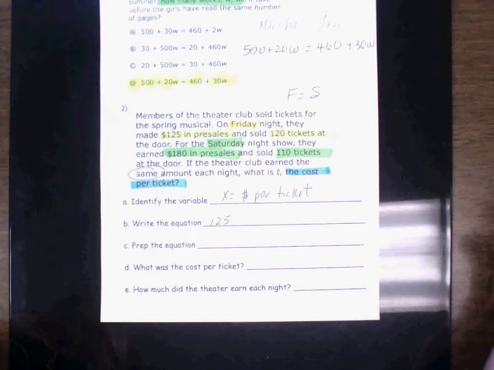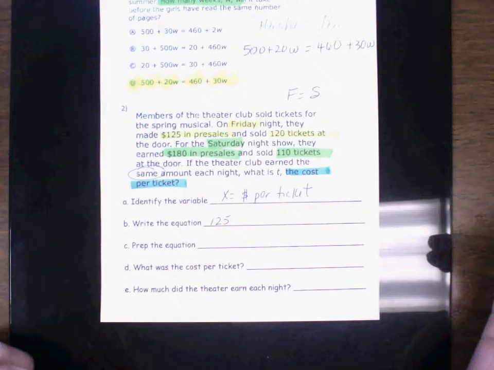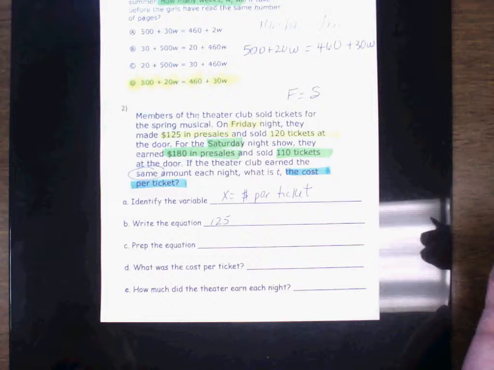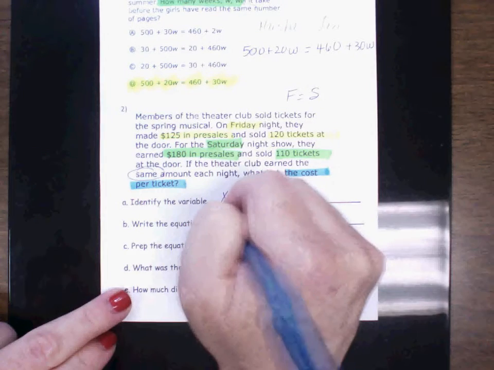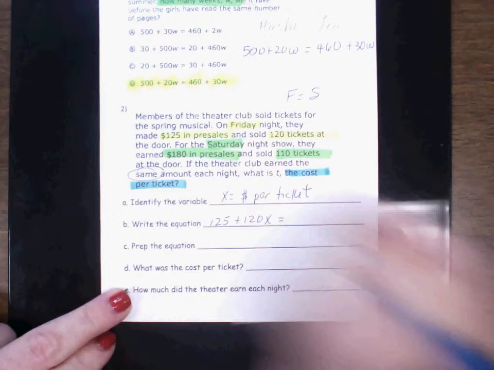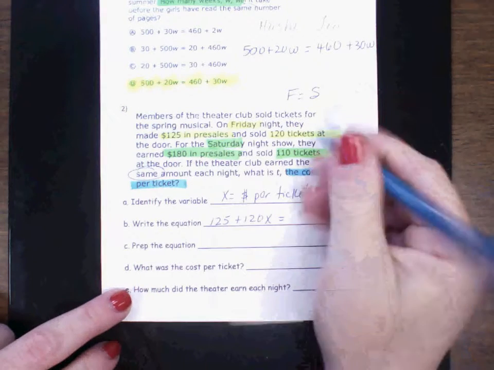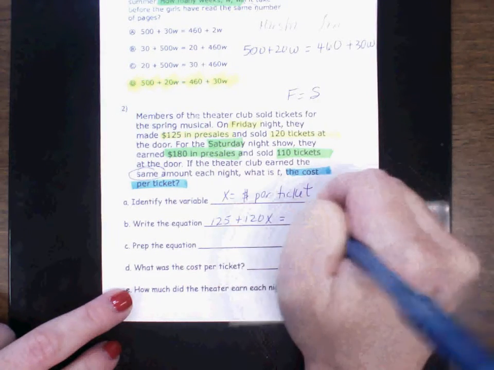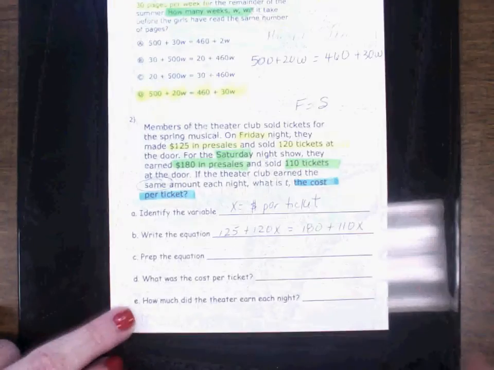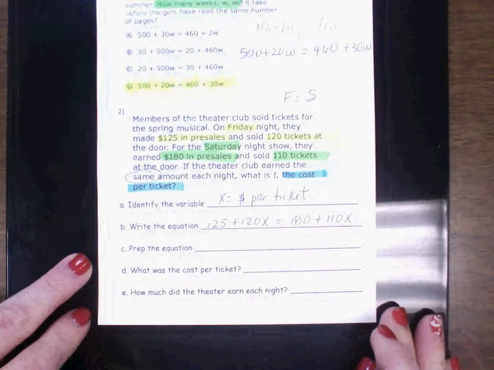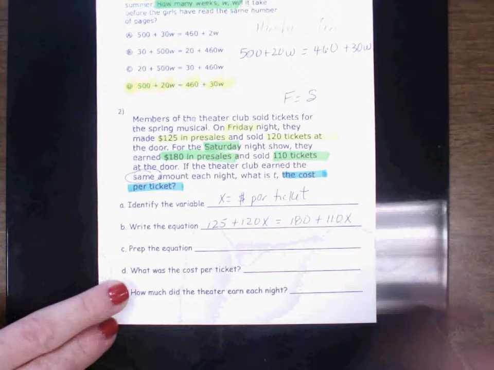Very good, because that's the pre-sales. Plus what? Plus 120X. Very good. And that equals what? 180 plus 110X.